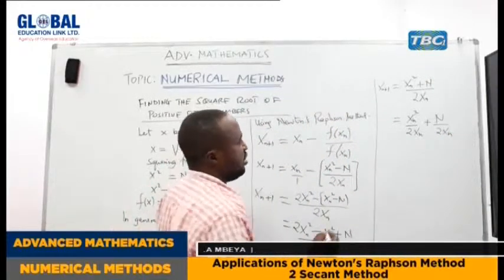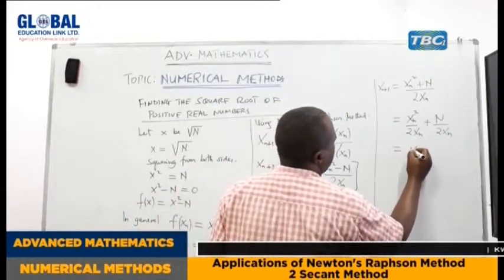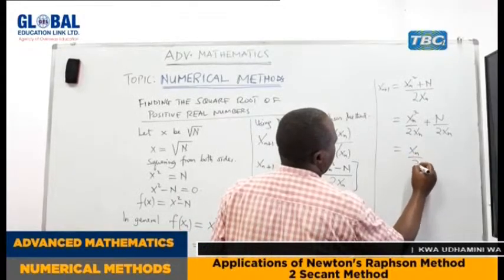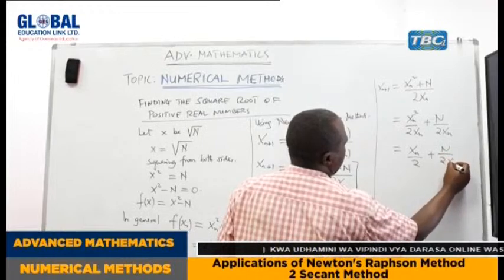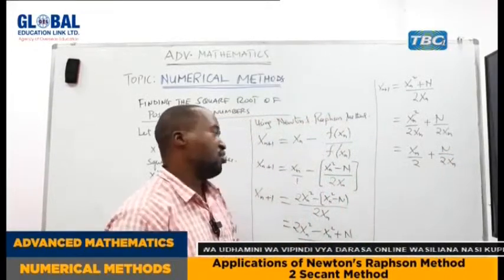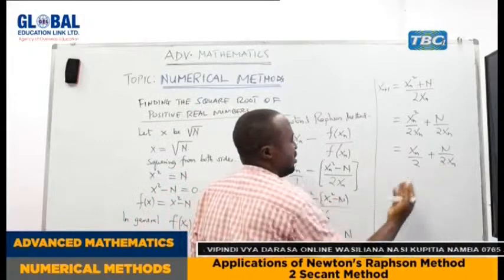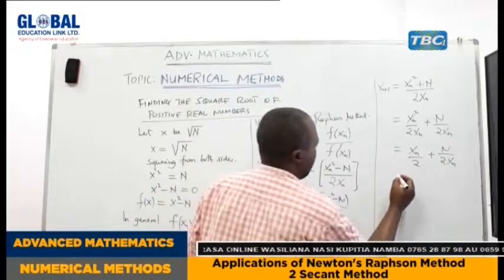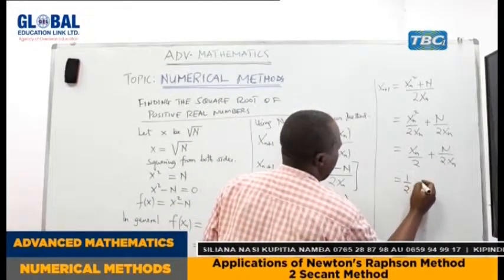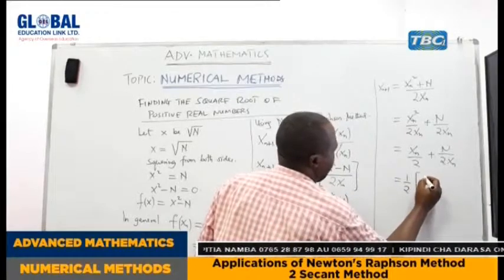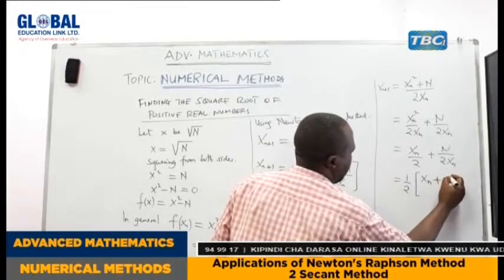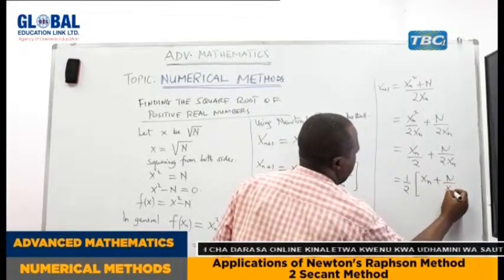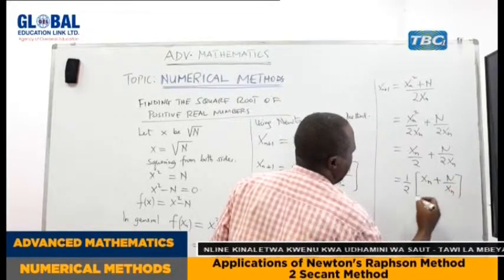So we are going to remain with xn over 2 plus n over 2xn. So in the denominator we have 2, that is common. So we are going to have 1 over 2 bracket of xn plus n over xn.